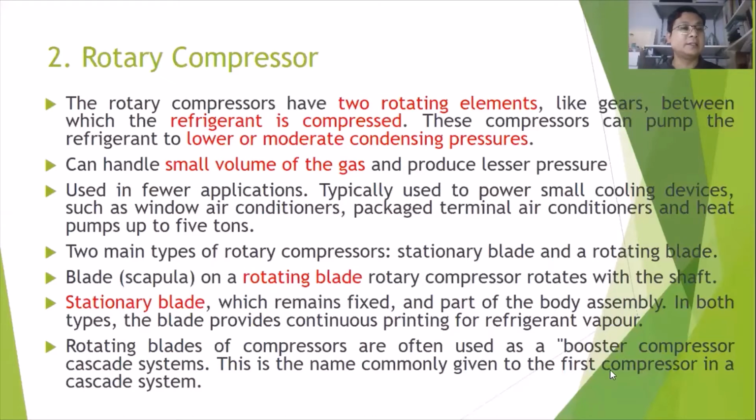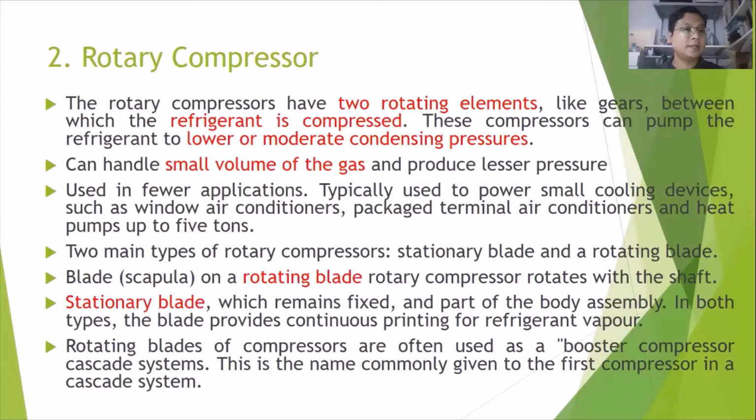And then the third bullet, used in fewer applications, typically used to power small cooling devices such as window air conditioners, package terminal air conditioners, and heat pumps of 5 tons. So maybe consider it small in the hatchback system.